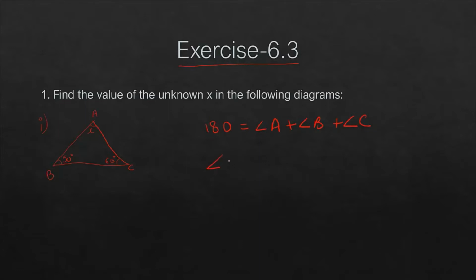Now if we have to find the value of angle A, it means 180 minus (50 plus 60), which is 180 minus 110, which is equal to 70 degrees. So angle A is equal to 70 degrees. Answer.